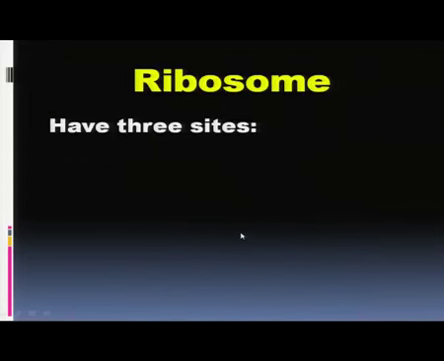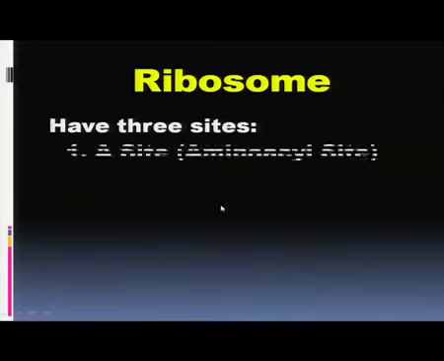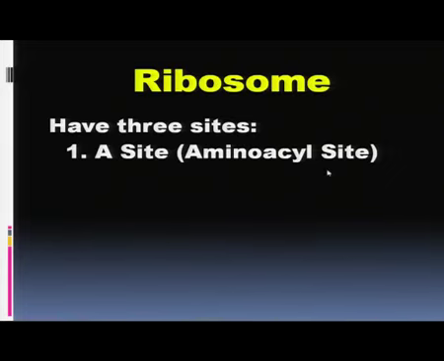The ribosome has 3 specific sites for protein synthesis, and these sites are the A site, that is amino acid site. At the A site, the charged transfer RNA always combines and brings the amino acid.